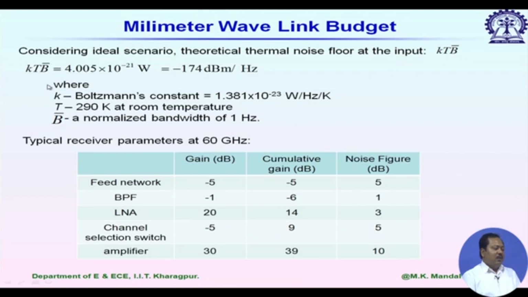Now, if we put the values of k and T and calculate the thermal noise power per hertz, k is the Boltzmann constant, 1.381 into 10 to the power minus 23 watt per hertz per Kelvin, and if nothing is specified we will consider T equal to 290 Kelvin, called room temperature.